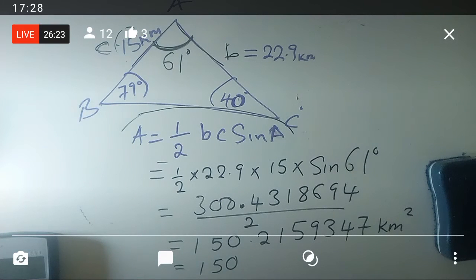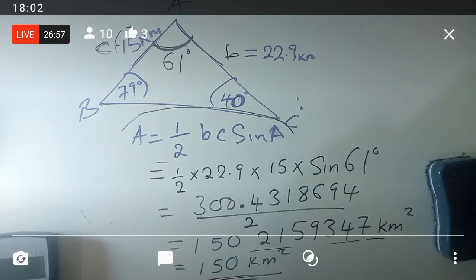Remember, if you check the question paper, the first page on the instructions, you are told to write your answers in 3 significant figures. So I've put it in 3 significant figures. So this is my area. But if you leave it like this, it's just okay. If you end here, it's okay. If you want, you can finish it up like this, according to the rules you are given in your exam. So this is our area.